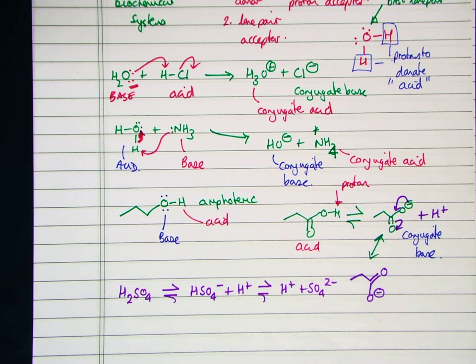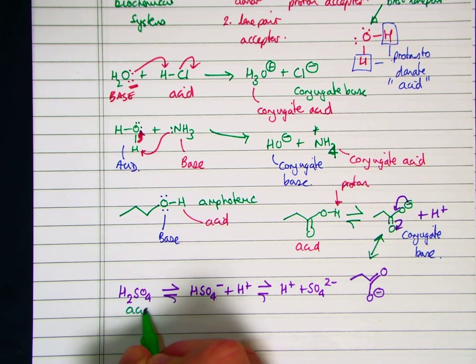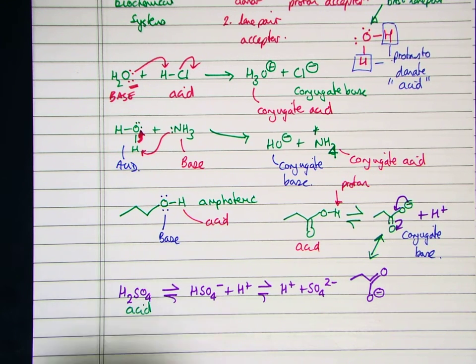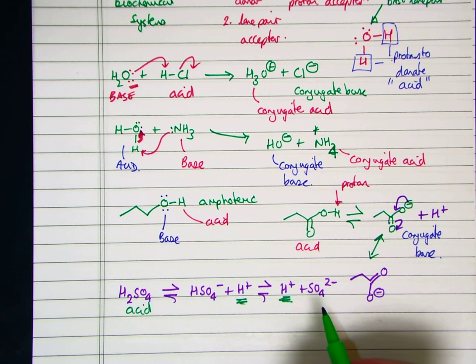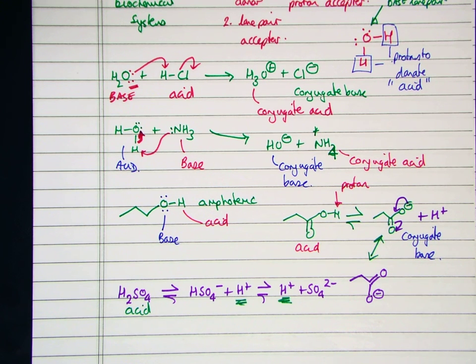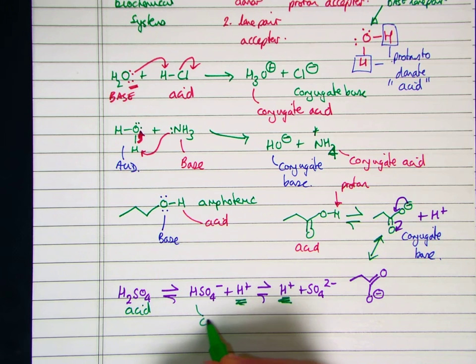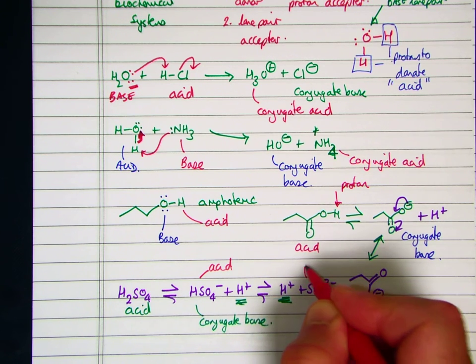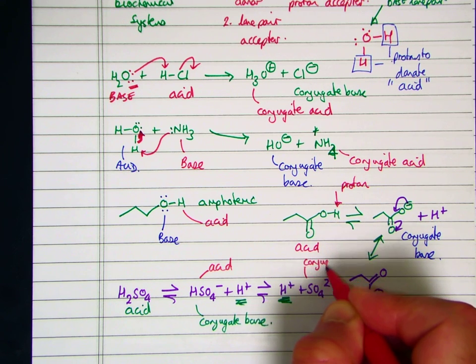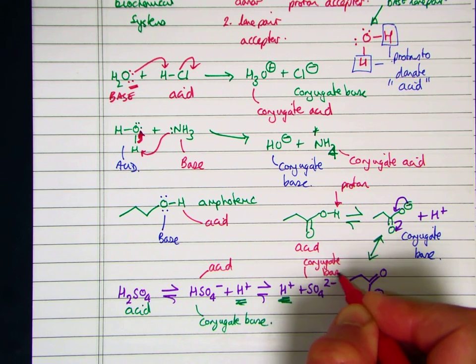So again, here's our acid, and again we have a proton donated, and then we can donate a second proton here to give us various conjugate acids and conjugate bases. If this is the acid, then this is the respective conjugate base. And if this then is the acid, this is its conjugate base. So it can get complicated.